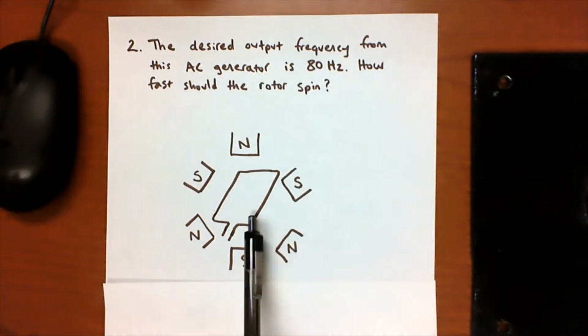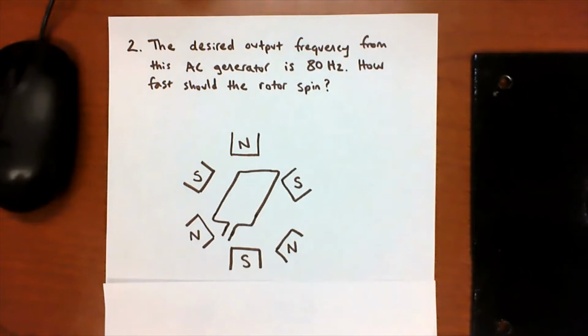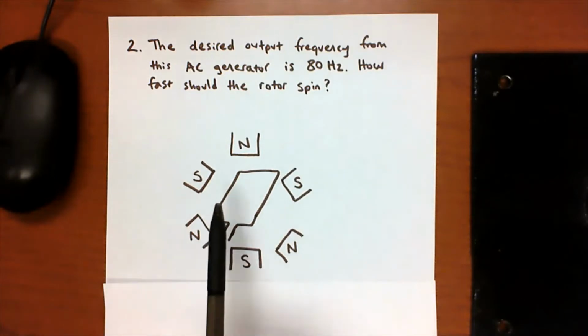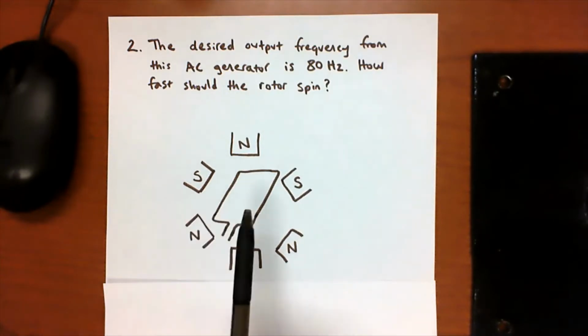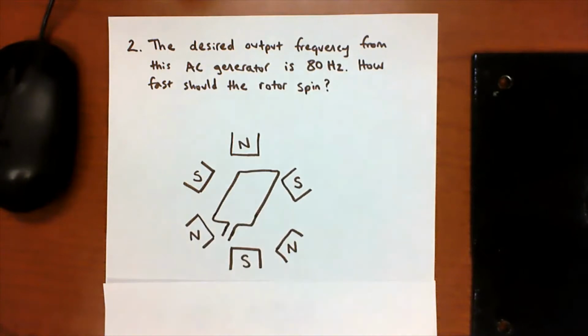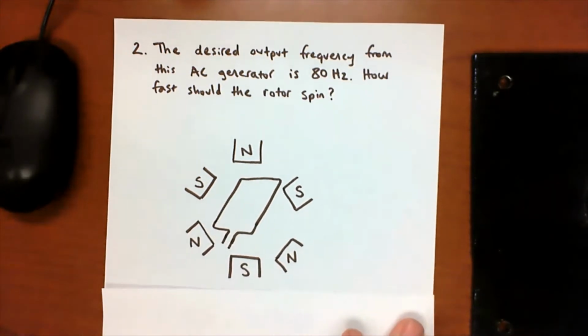So the armature is on the rotor, and we want the output from this armature to produce some voltage. We don't care about the voltage in this problem, but we definitely want the frequency of the output to be 80 hertz. So how fast should the rotor spin inside the stator to produce 80 hertz? That's number 2.